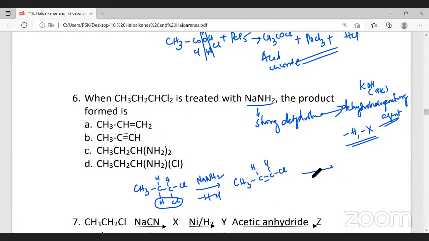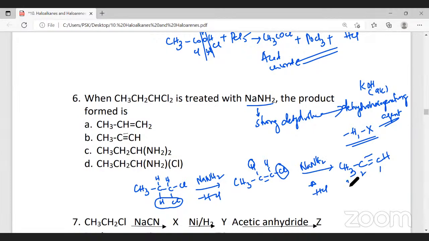But further, the reaction will not stop because NaNH2 is a strong dehydrohalogenating agent. So this chlorine and this hydrogen get eliminated as HCl. You have CH3, C, a double bond, and CH. Since chlorine and hydrogen are eliminated, a triple bond will be formed.